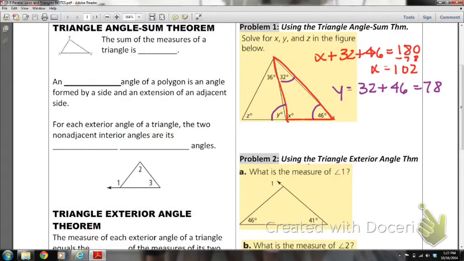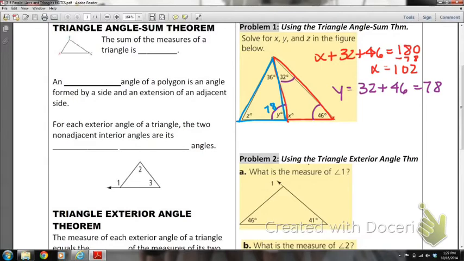So now let's look at finding z. So let's look at the triangle on the left. In that triangle, we just found that y was 78. So we can use the triangle angle sum theorem again. The sum of the angles of that triangle has to be 180.